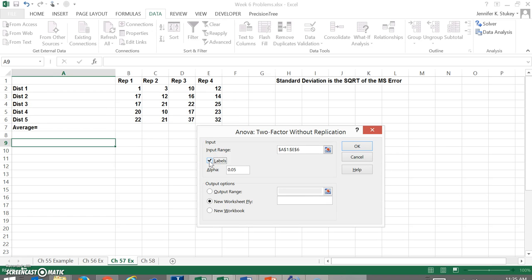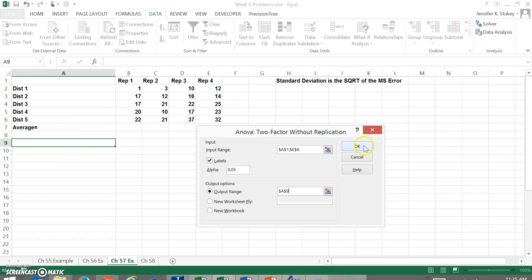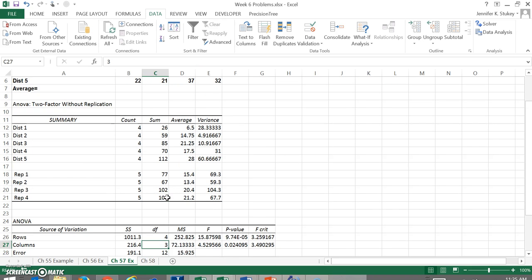If you've included labels, make sure you include or exclude them consistently, or it will throw off your data. Our output range, I'm going to make cell A9, and here we go. Now we have a bunch of great data, and so the question becomes, again, what do we do with this beast?